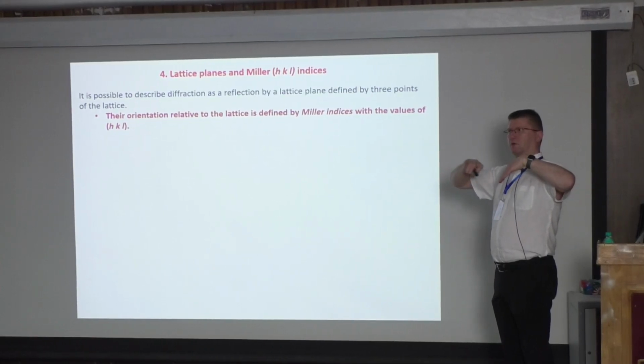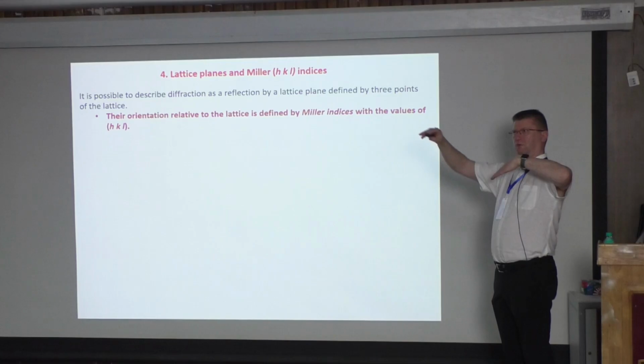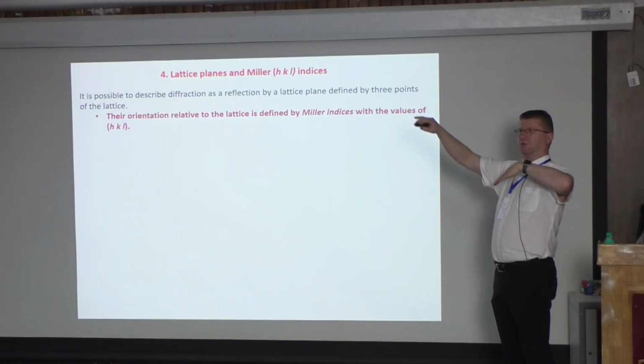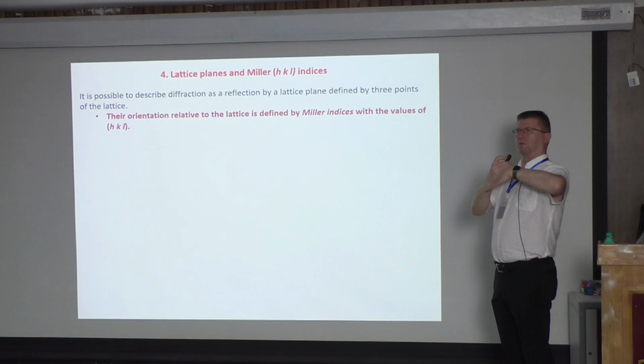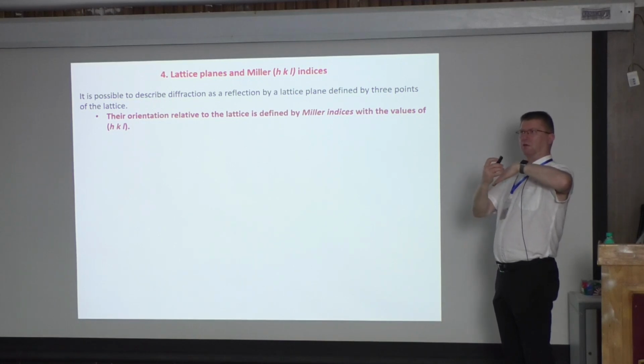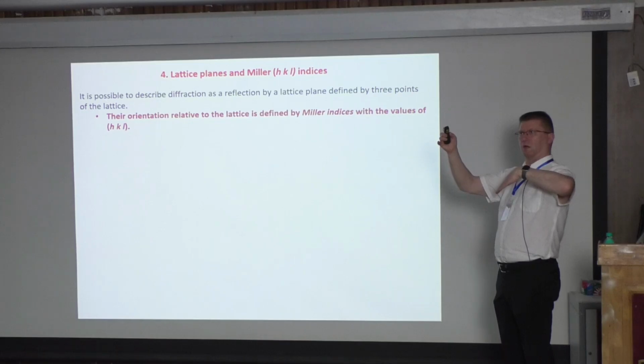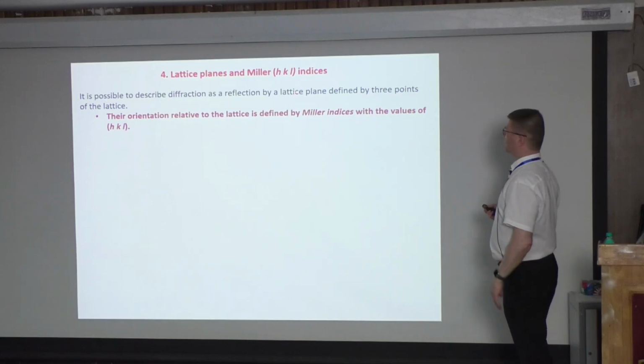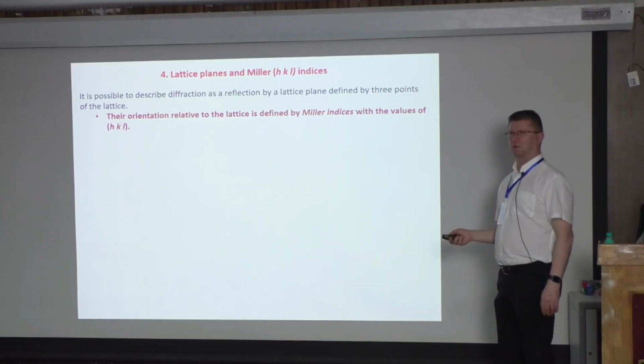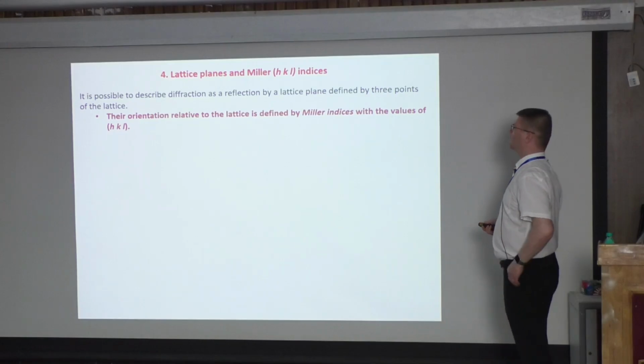If we can measure the orientation from which the reflection is coming, we should be able to determine the plane, considering that as an imaginary mirror where the reflection is happening. This mirror is called the HKL, and the Miller index is the general definition.